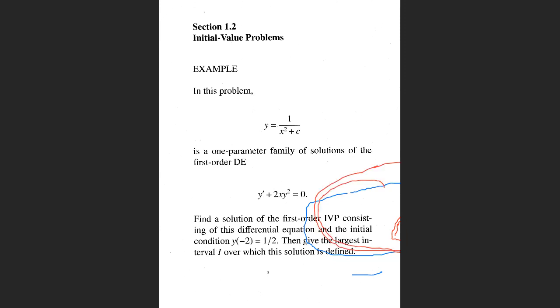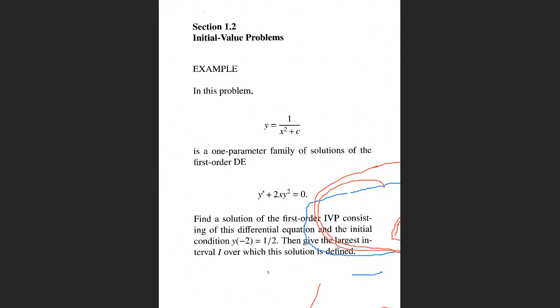They're telling you it is, and you're taking it on faith. We're going to accept that y equals 1 over x squared plus c is a general solution to this differential equation.